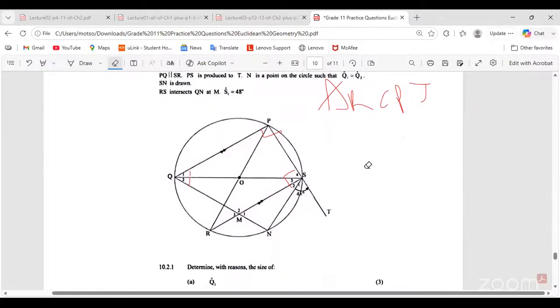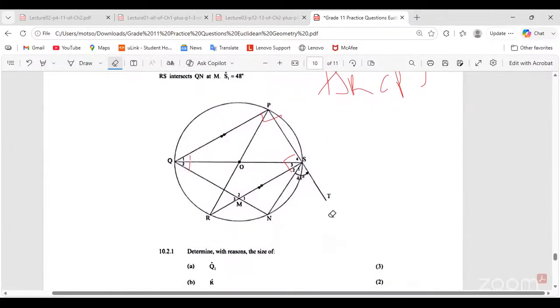Now let us jump into the problems and see what we can cook there. Here we are required to find the size of Q1. Now this is what we can do. We said this is the cyclic quadrilateral. Now this angle is equal to that angle, right?